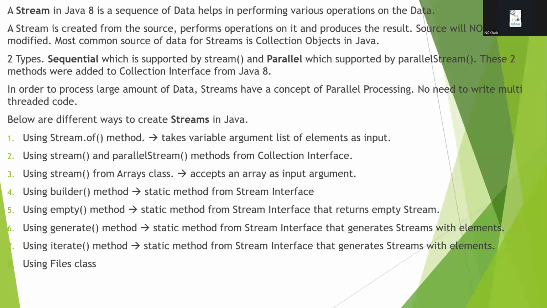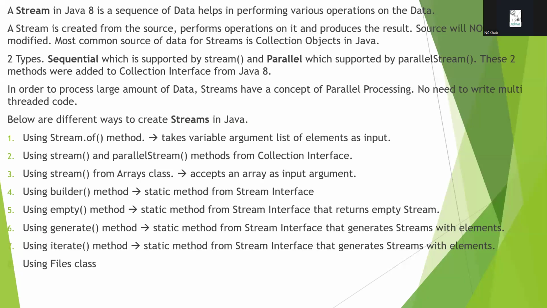And in Java 8, the most common source for creating streams is collection objects. So how many types of streams are there? Two types of streams. What are they? Sequential streams and parallel streams.